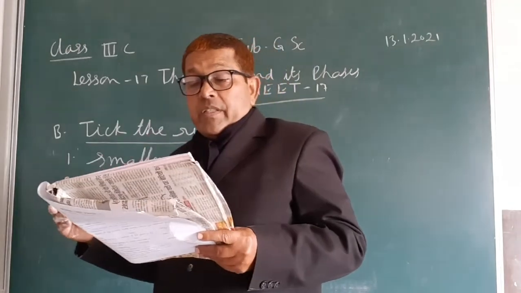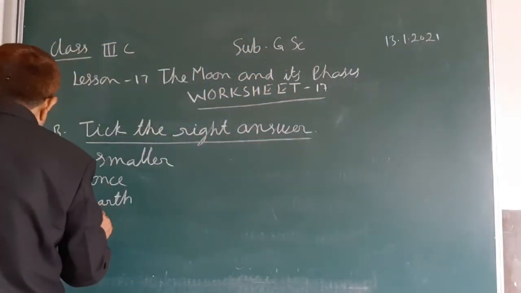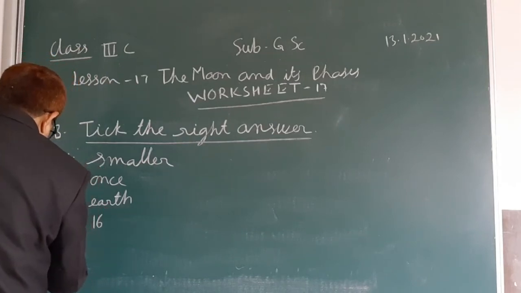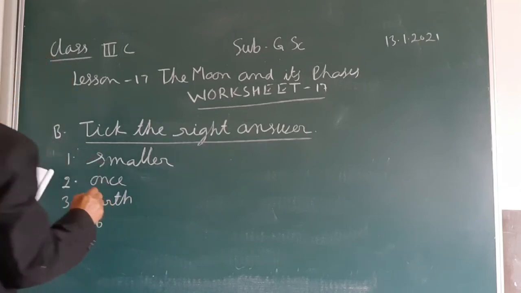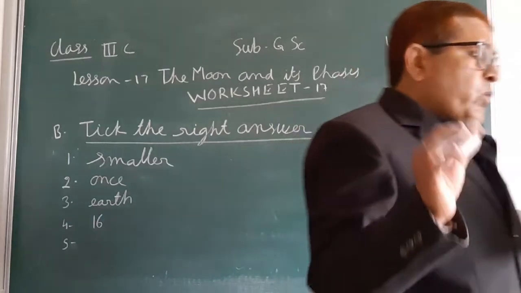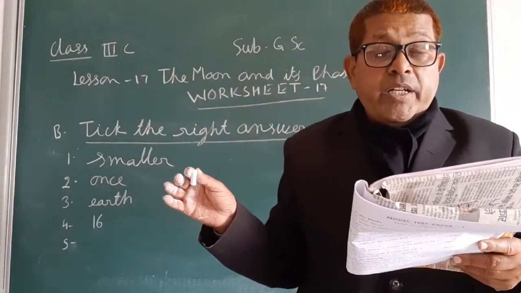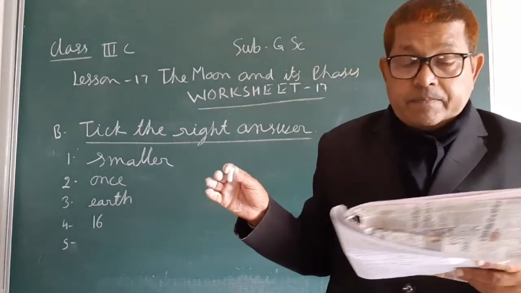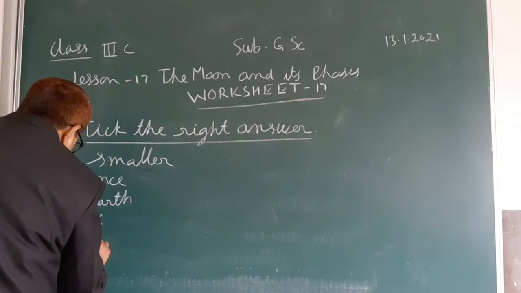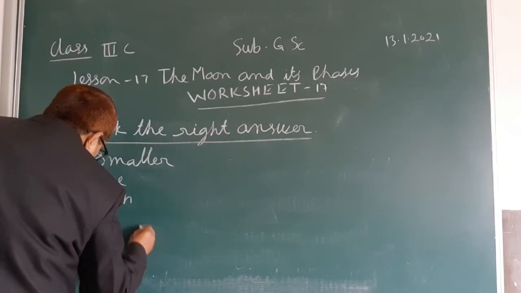We see the moon in 16 different phases. Now fifth, the surface of the moon has huge holes or no holes. So the surface of the moon has huge holes.